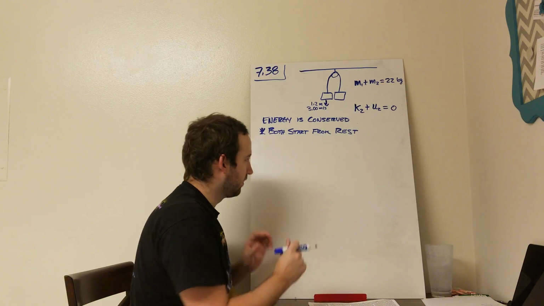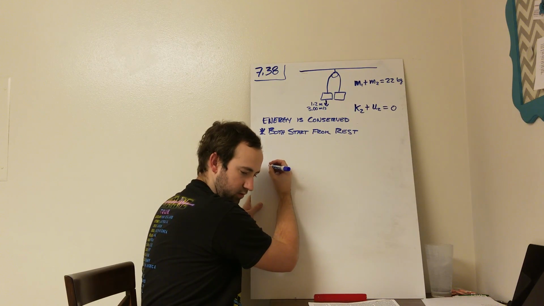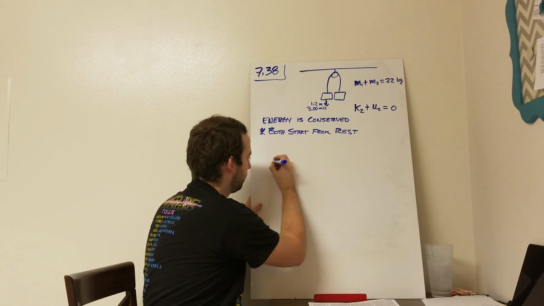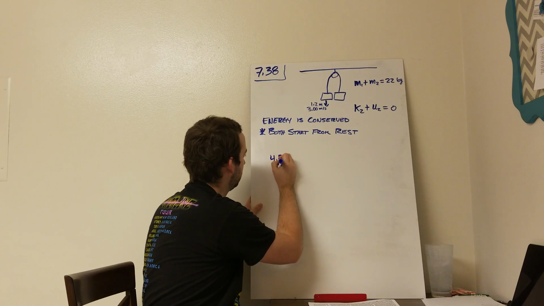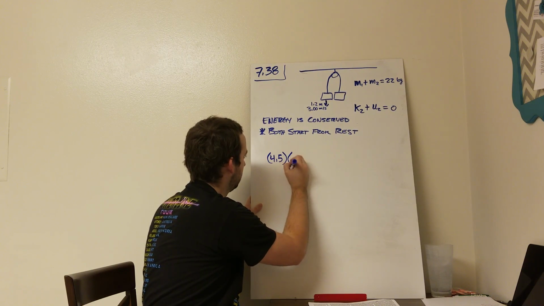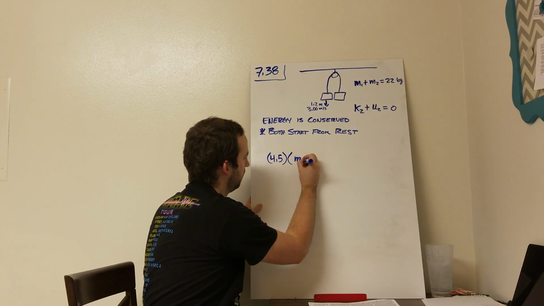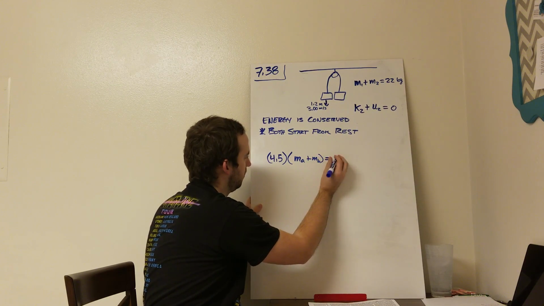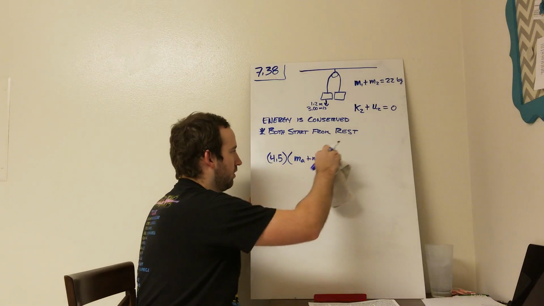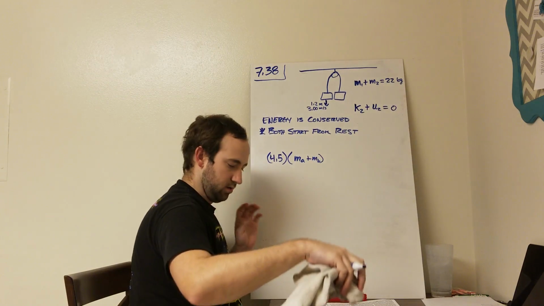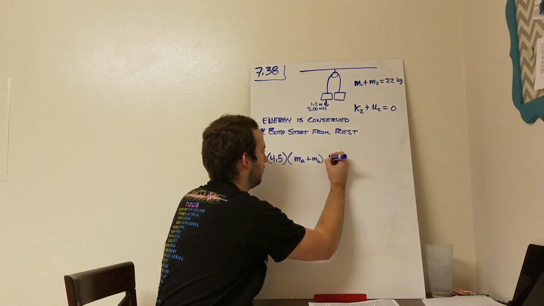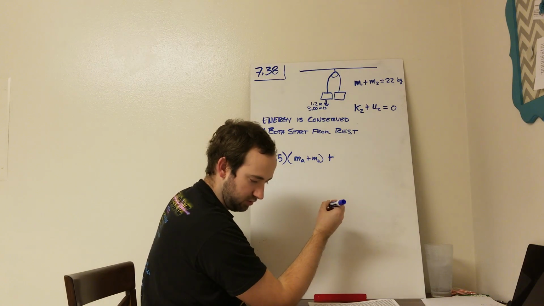So we get K2, which was 4.5, and then plus the potential energy, which we ended up with.